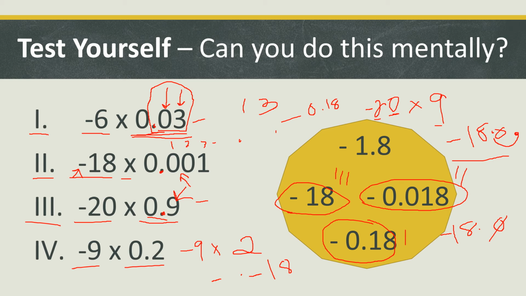There was one digit after the decimal point, so there must be one digit after the decimal point in the answer as well. So we move the decimal point one time to the left and we get negative 1.8. So this is our answer for number 4.